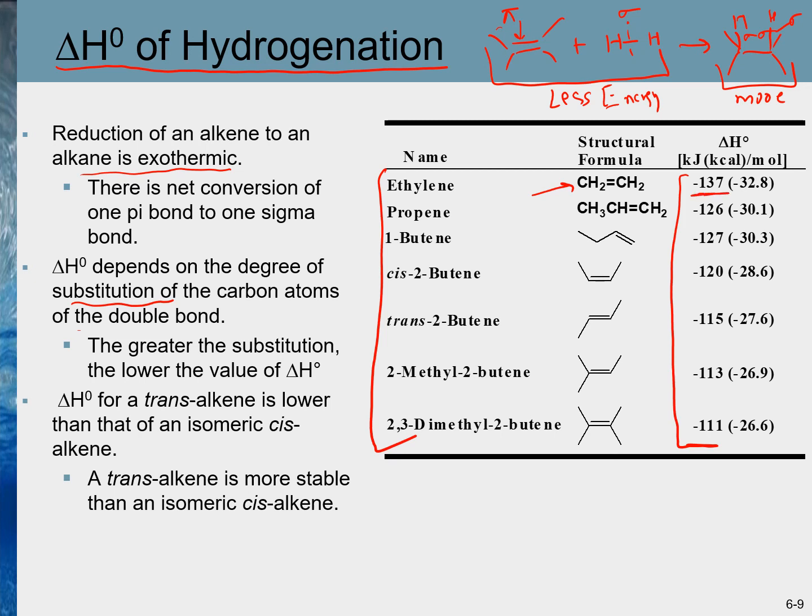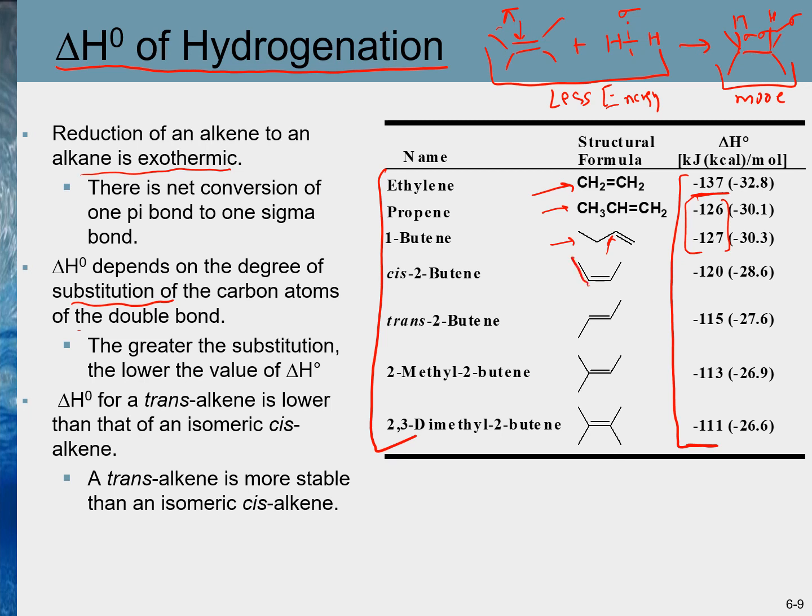It has the maximum negative delta H value, so maximum energy is generated in this reaction. In the case of propene and 1-butene, we can see they have one substituent, so only one side is substituted. So their heat of reaction is slightly less than ethene, but still considerably high.